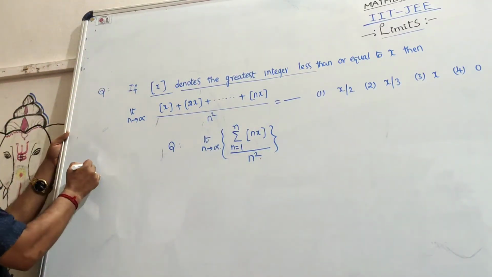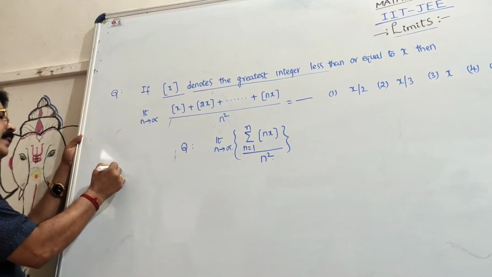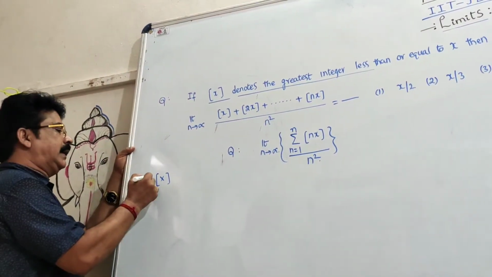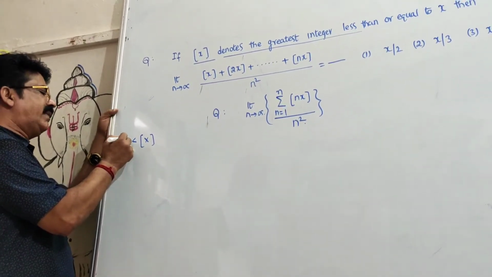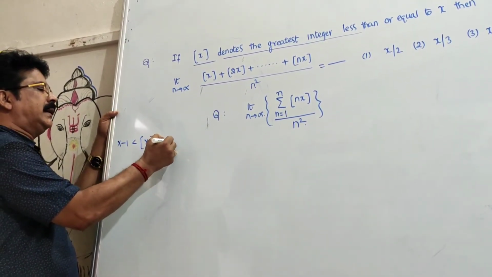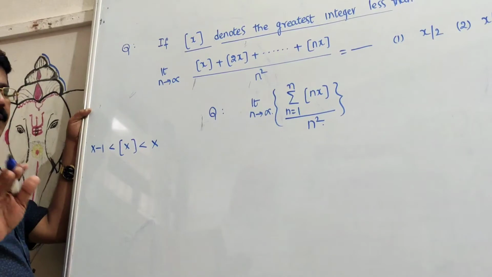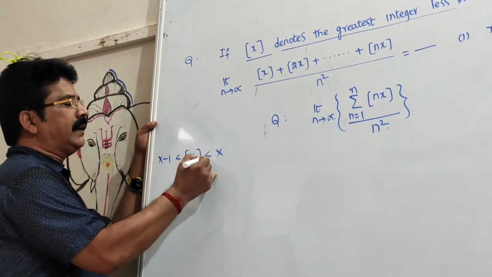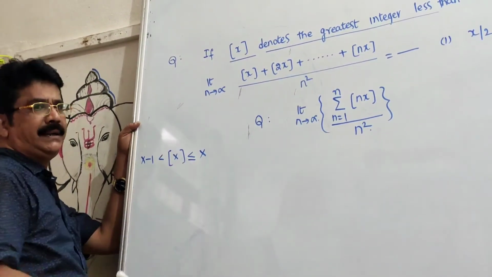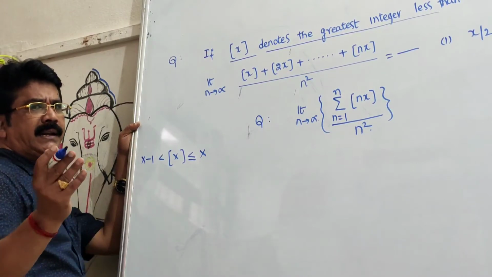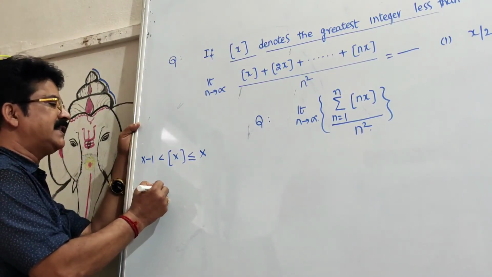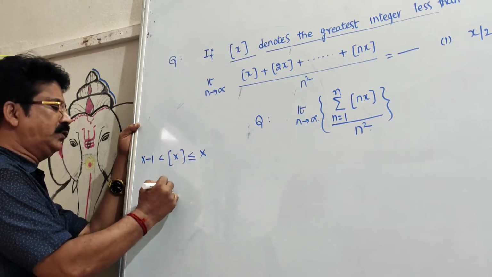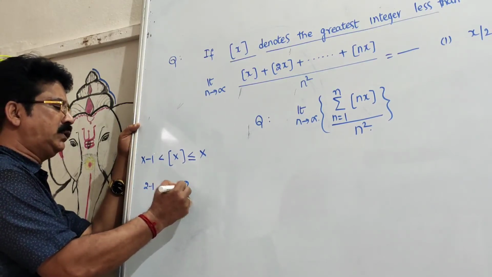Actually box of x always lies between x minus 1 and x. For example, x is integer, then we can write like that. Take x equal to 2, then 2 minus 1 less than box of 2 less than or equal to 2.